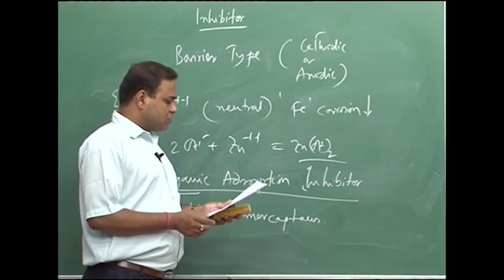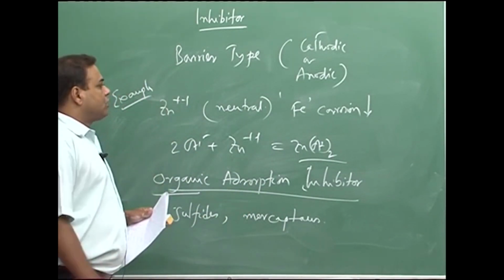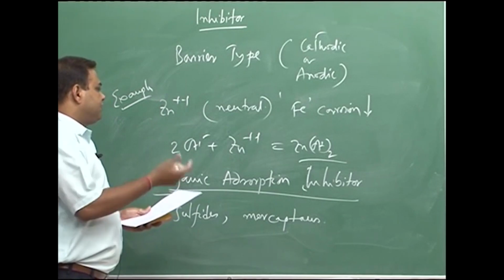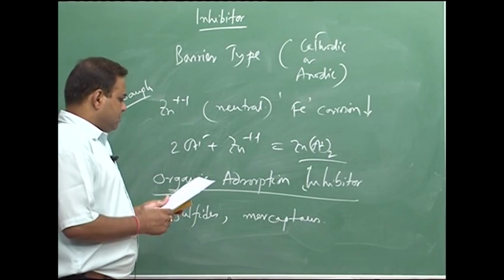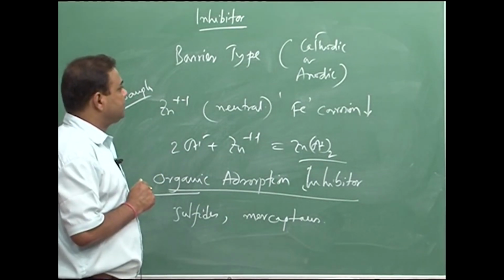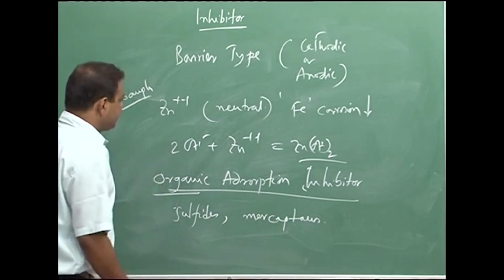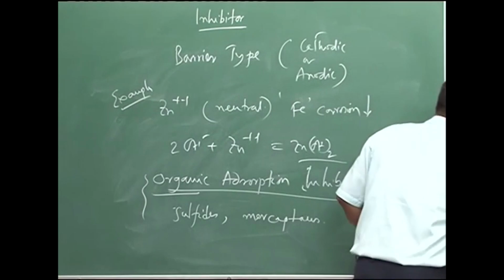Sometimes they can also form stable surface complexes, which can also prevent adsorption of hydrogen ion, or even prevent the solvation of metal ion. So, this is organic type inhibitors.